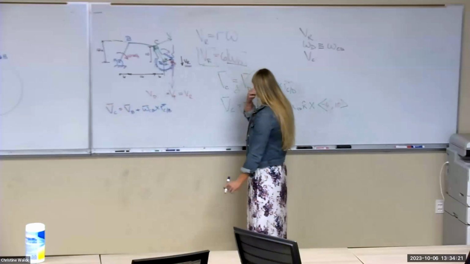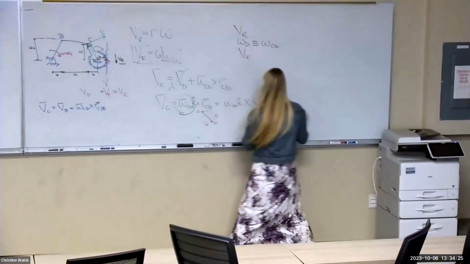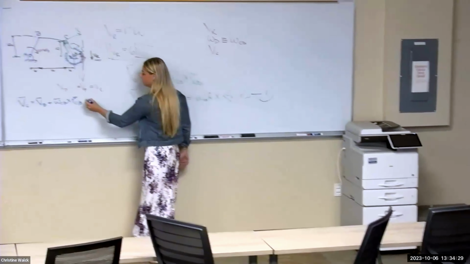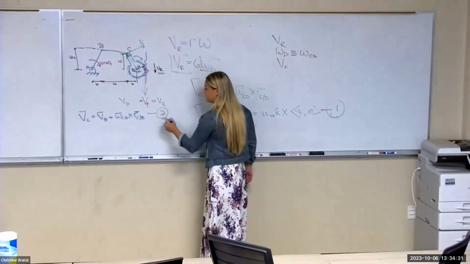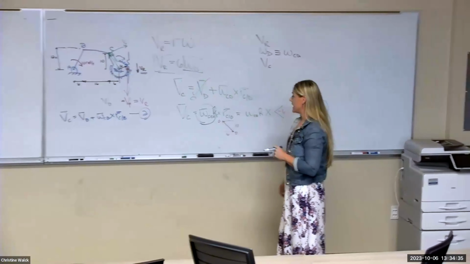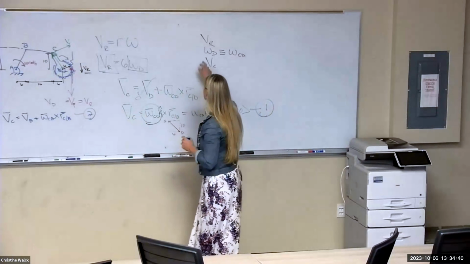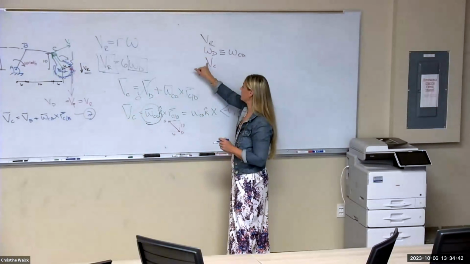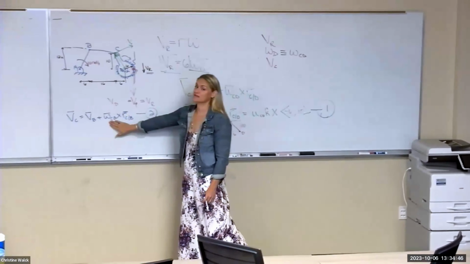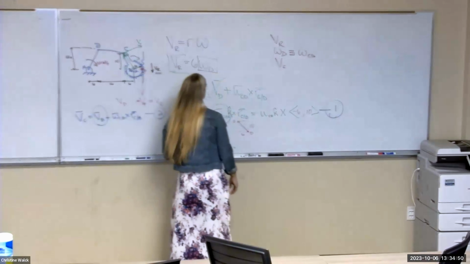Now, if you notice, I have 2 equations, 1 and 2, that have C in it. You are going to find that this is a trend, and if you set these equal to each other, it is going to get rid of one of your unknowns. But this gave us another unknown, VB.